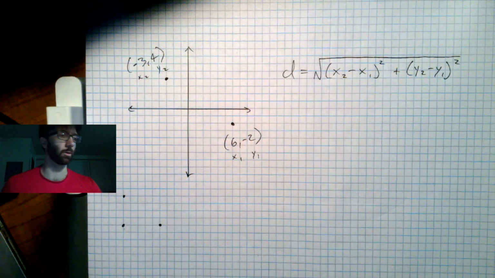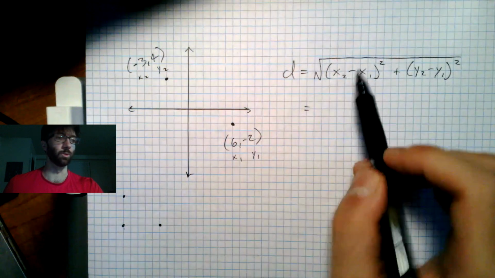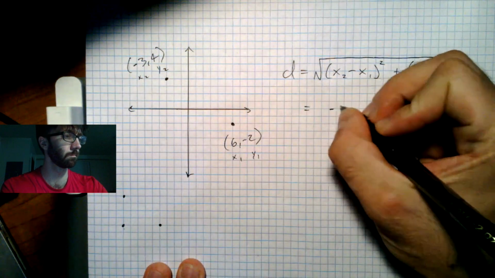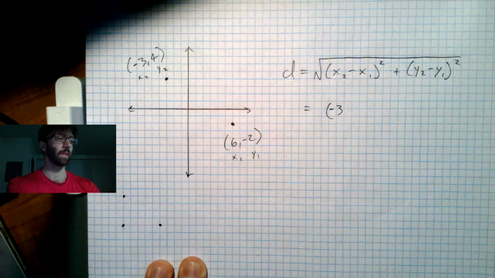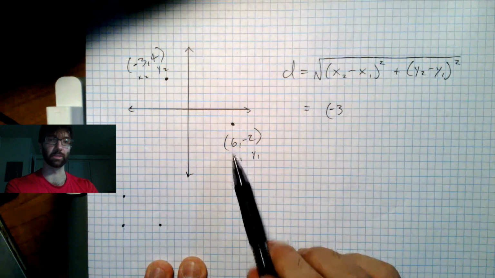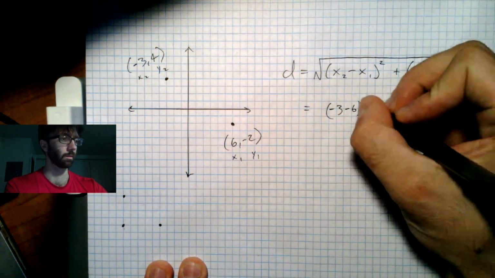Alright, and now we're just going to go ahead and substitute. So x sub 2 I said was -3. And then we are going to subtract x sub 1. So that's going to be 6. And then we square that.